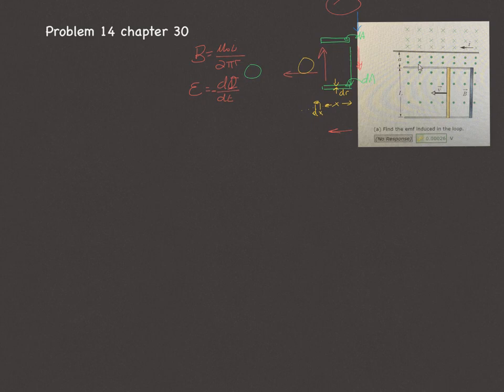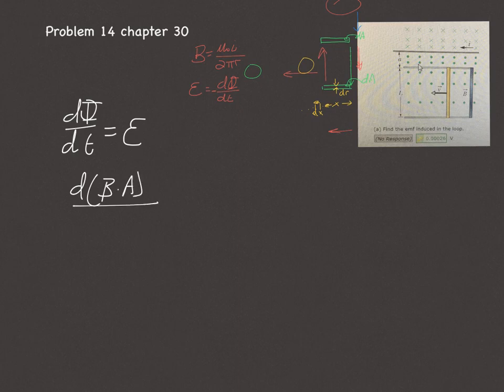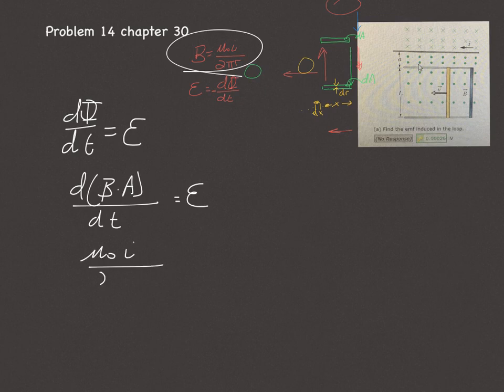All right, so we want E. That's going to equal d phi dt. The phi is going to be B times A. That's all dt. Now our magnetic field is going to be mu naught I over 2 pi r.